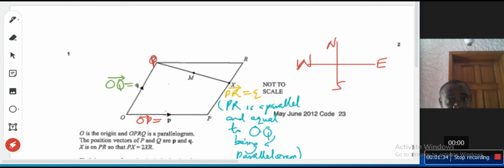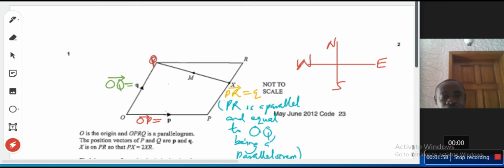Also, the position vector of capital letter Q, make sure you're paying attention, is this small q, because it's measured from the origin. Position vector is a vector measured from where? Origin. What's the position vector of this capital letter Q? Small letter q, because it is line OQ, measured from O, the origin.